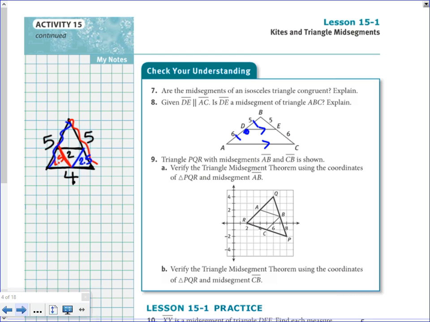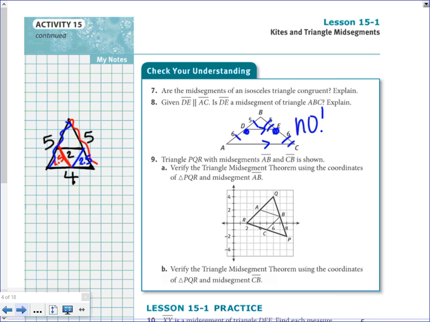Are these 2 segments congruent? No, one's 5 and one's 6. They're not the same length. So is D a midpoint? No. Same thing with E. E does not cut side BC into 2 congruent pieces. So is it a midsegment? No. And the reasoning is that DE does not bisect AB and BC. It doesn't cut those in half.